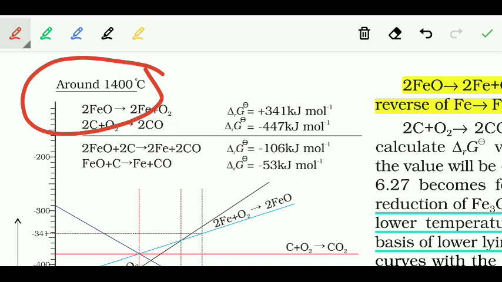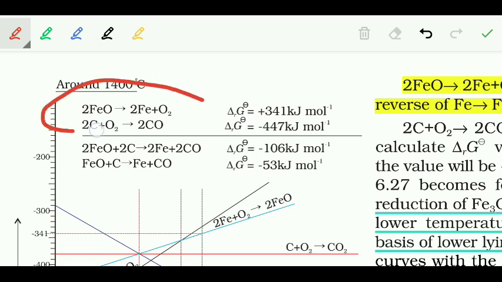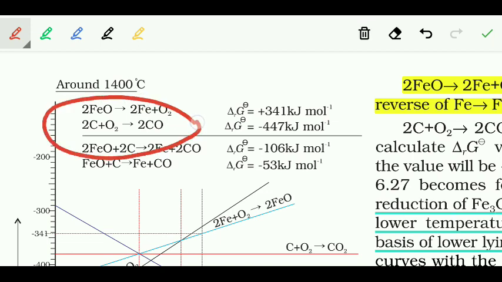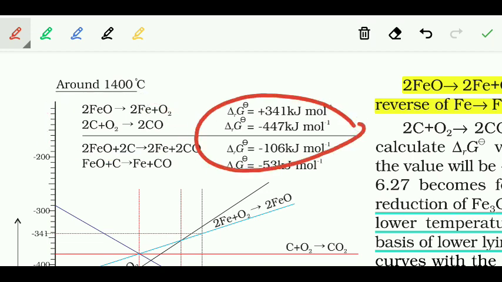Here we have two chemical reactions. For the first reaction, that is FeO to Fe plus O2, we have a value of plus 341 kilojoule per mole, meaning we have a positive value, while in the case of the carbon monoxide formation reaction, we have minus 447 kilojoule.